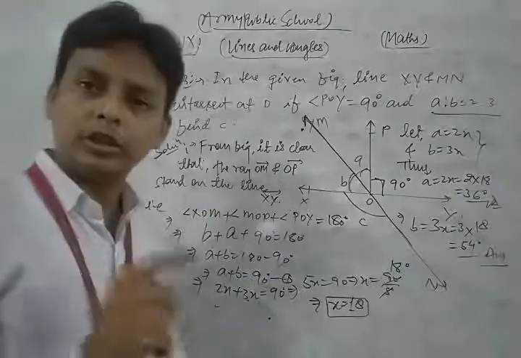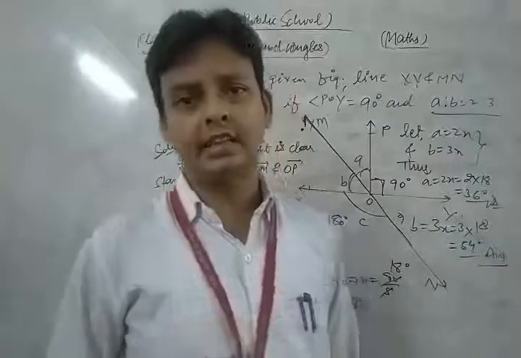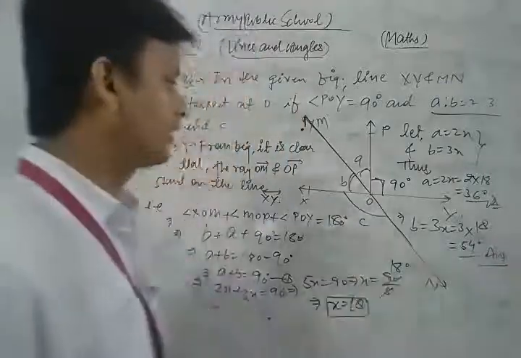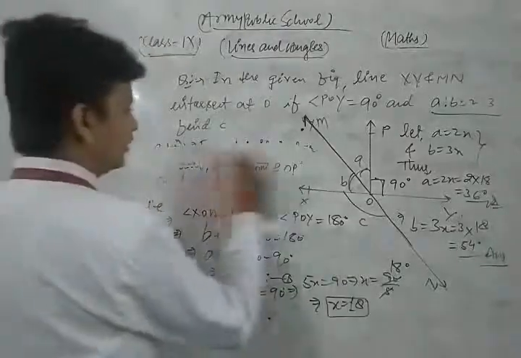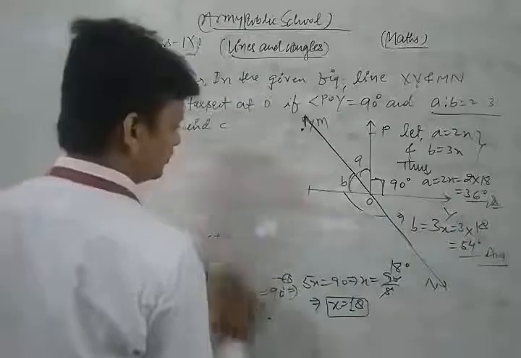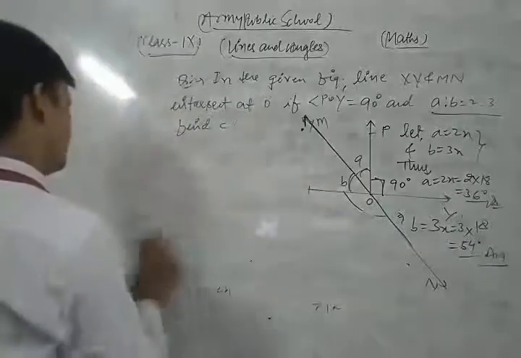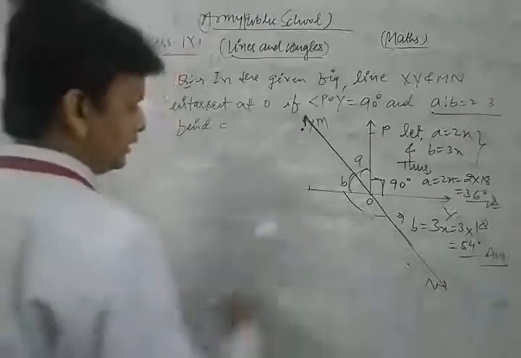But according to the question, we have to find the value of angle C. Now look, for finding the value of angle C, look, dear friends, this is C now.